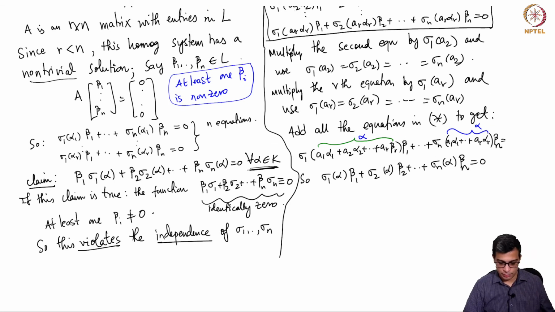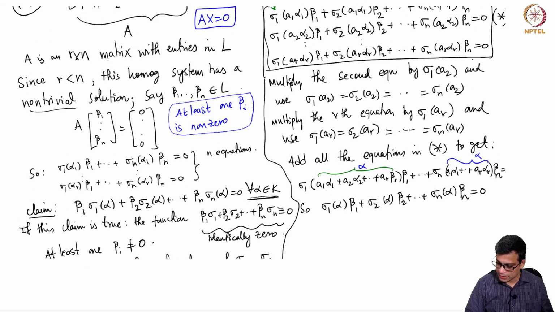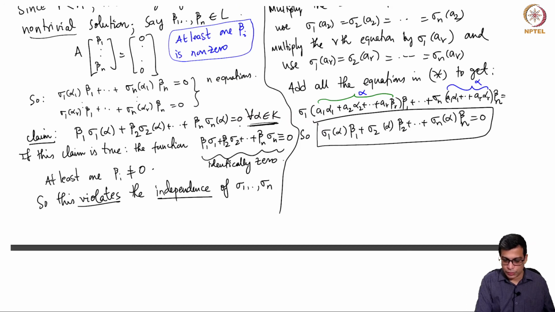I hope I made no further mistakes with indices, but this is the upshot, and this is exactly what you see in the claim. Of course I interchanged beta 1 and sigma 1 alpha, but that's okay. These are field elements in L. So this is true, and hence the claim is proved.